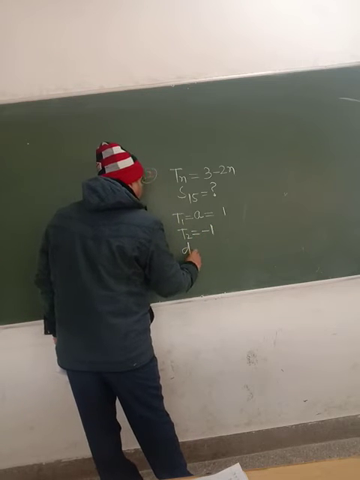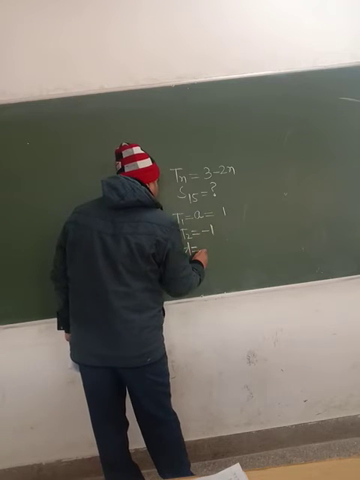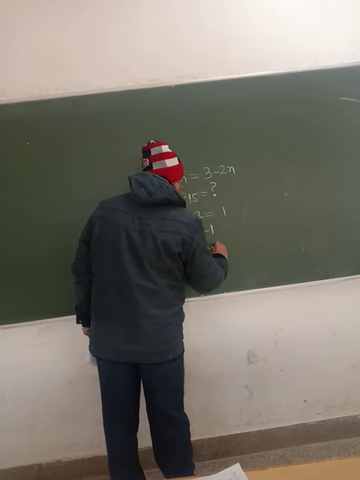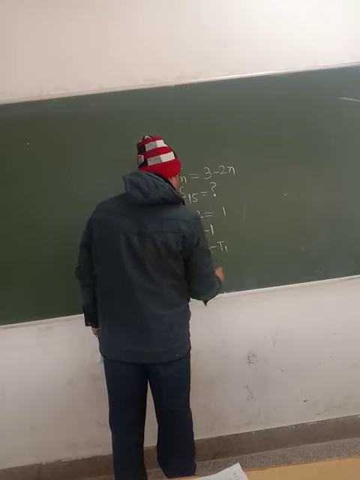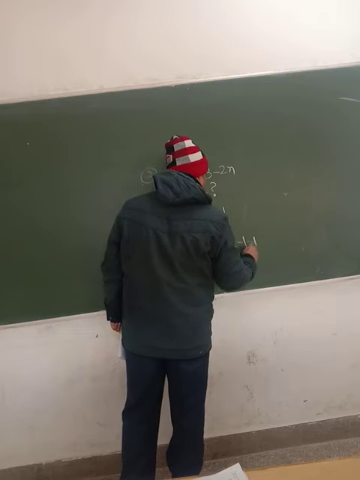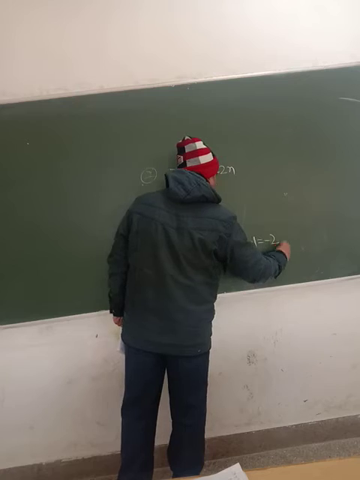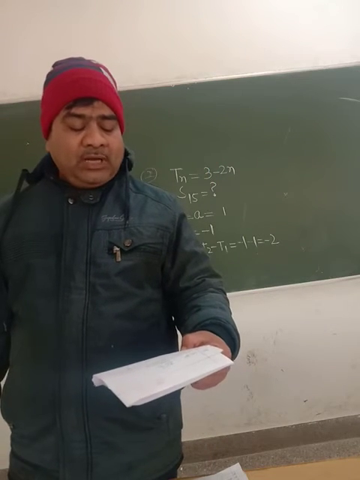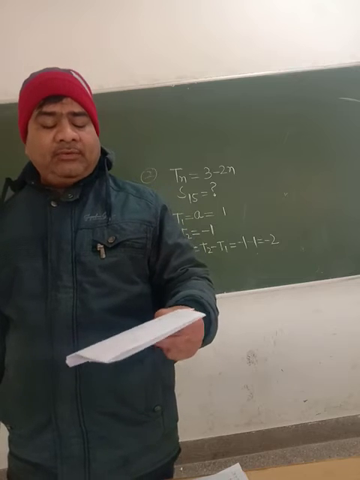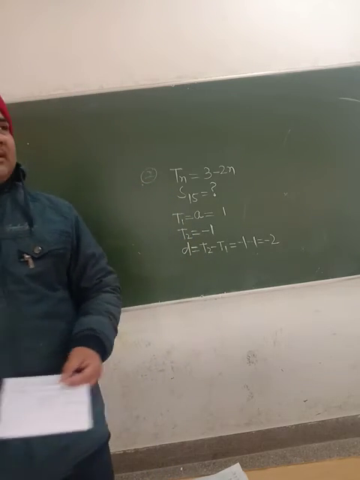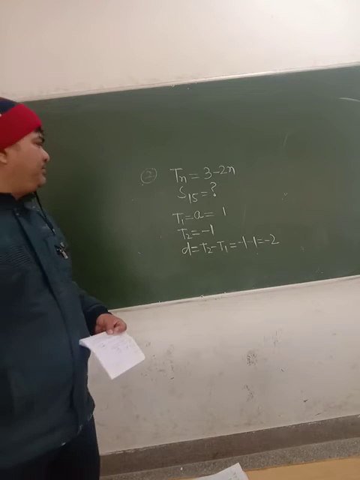With the help of t1 and t2, you will get value of d, which is t2 minus t1, that is minus 1 equal to minus 2. In this way you have value of a and value of d. Now what you have to find? You have to find the value of sum of 15 terms, not 15th term but sum of 15 terms.